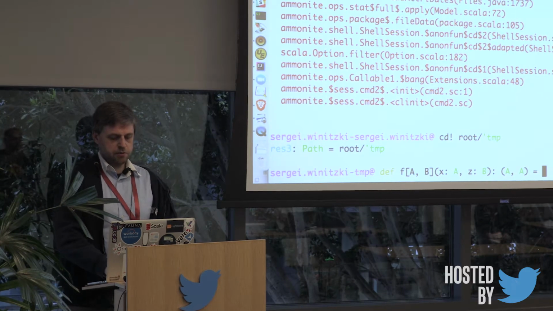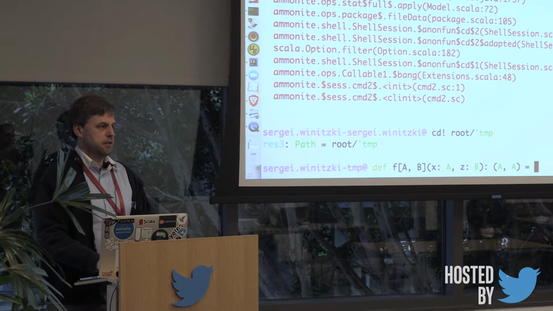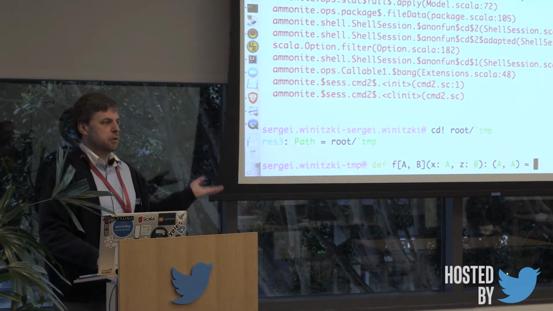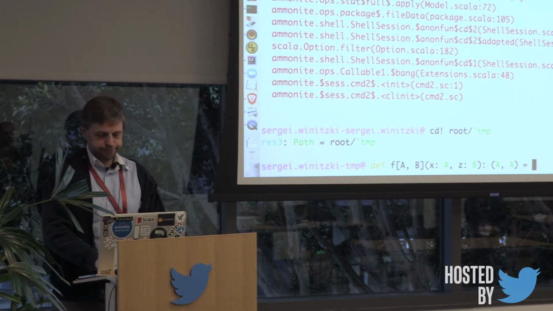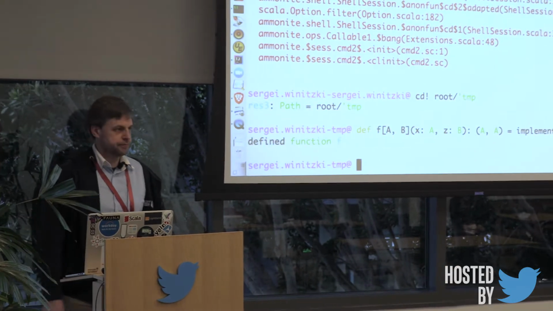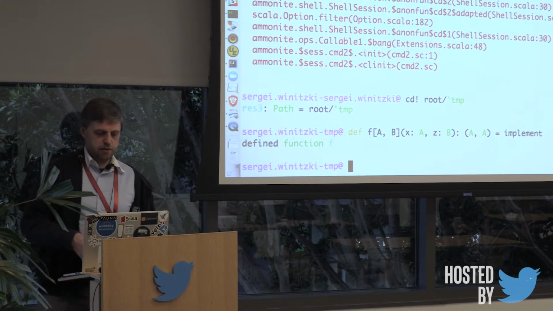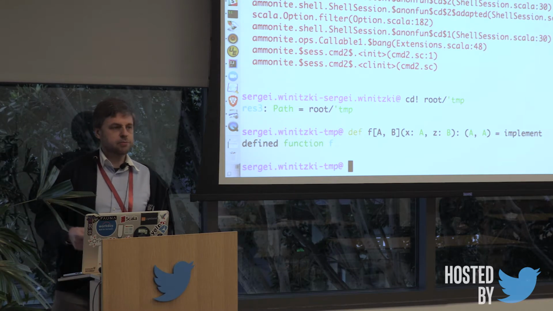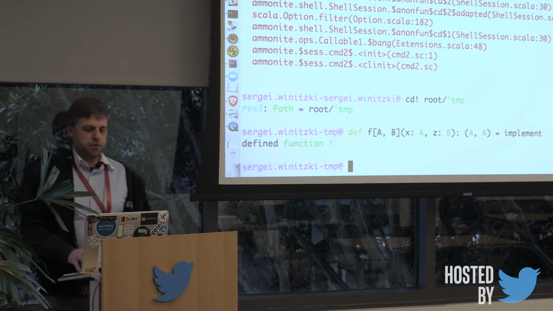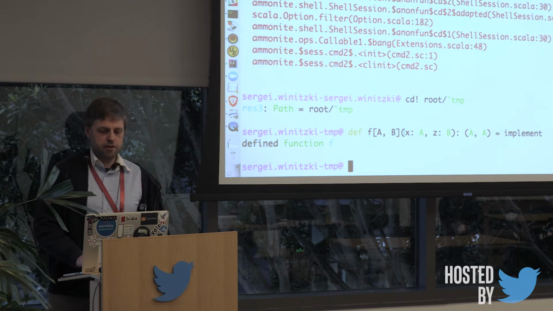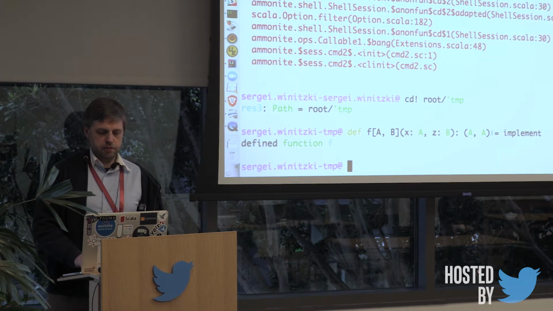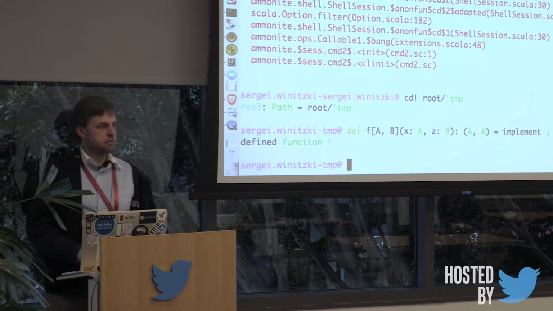So why do I need to do this if there's only one way of implementing this type signature? I just do this. And a Scala macro called implement examines my type signature and expands into the Scala code that I want.